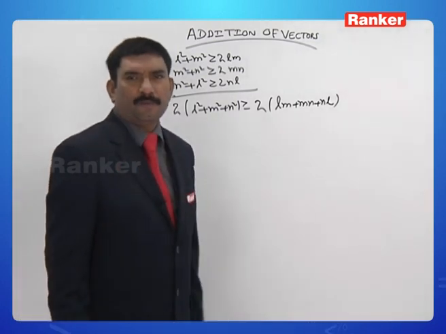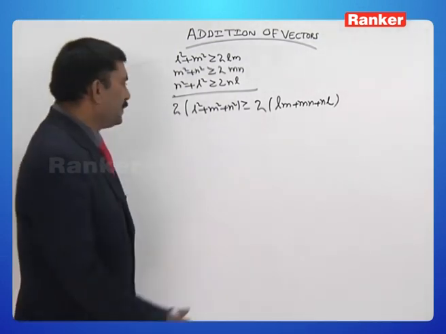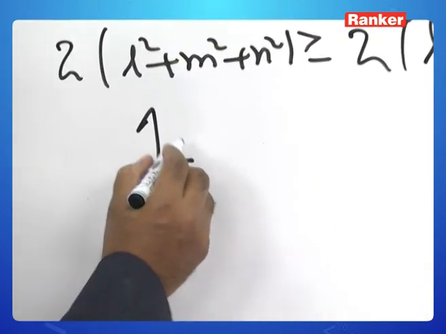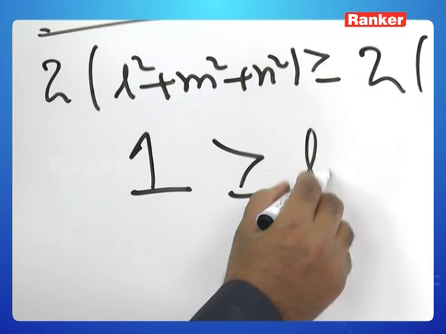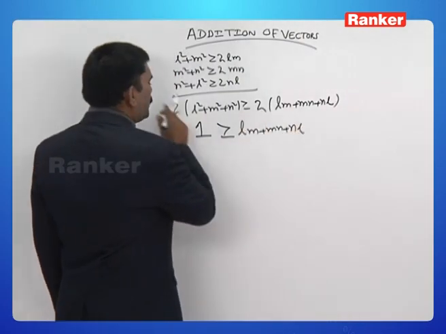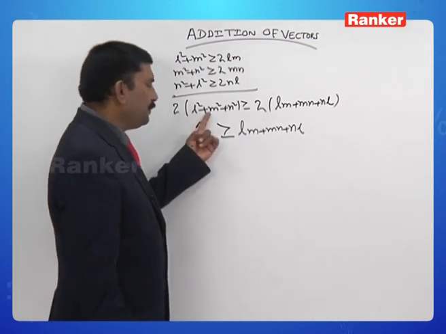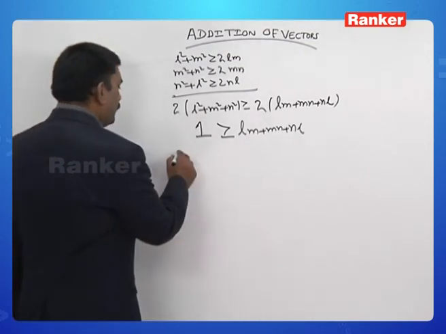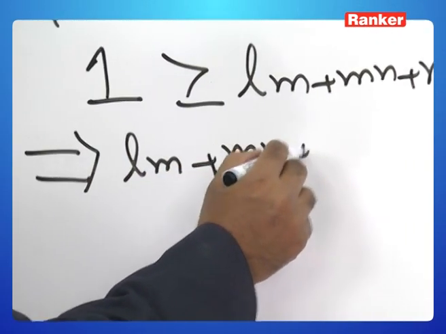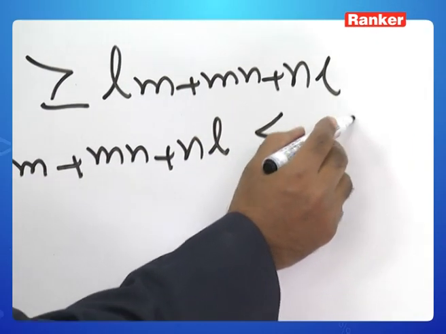So I can write, the 2 goes, 1 is greater than or equal to LM plus MN plus NL. Now I can write this as LM plus MN plus NL is less than or equal to 1.